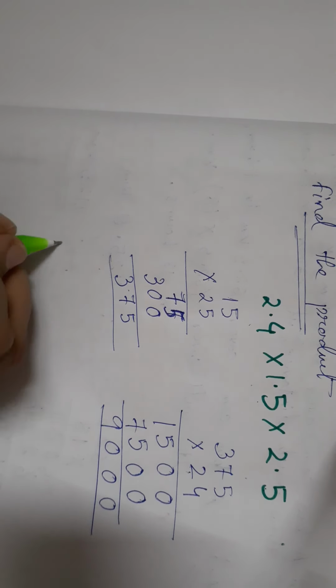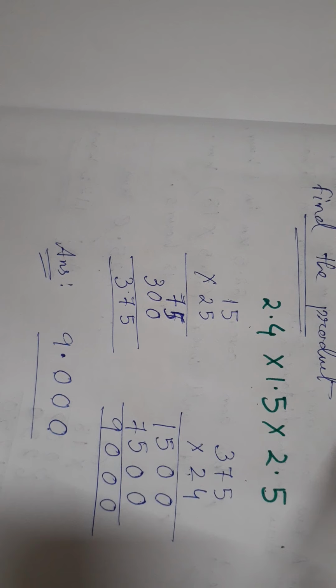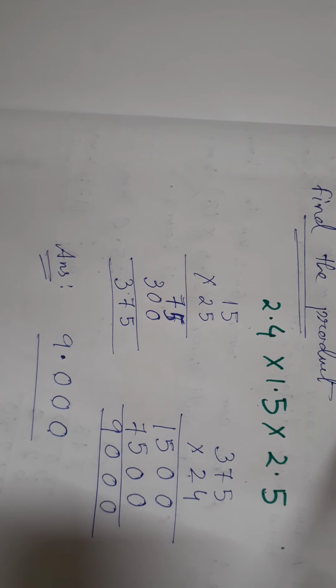So we will start counting from here. This is 1 2 3, that means we will put our decimal point here, and the answer is 9.000, or you can write only the answer is 9.